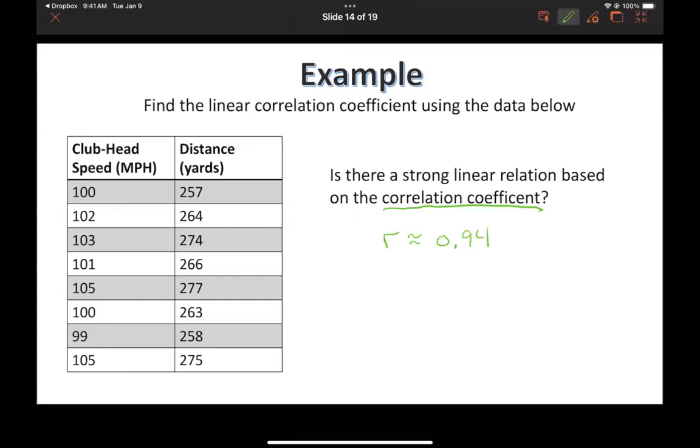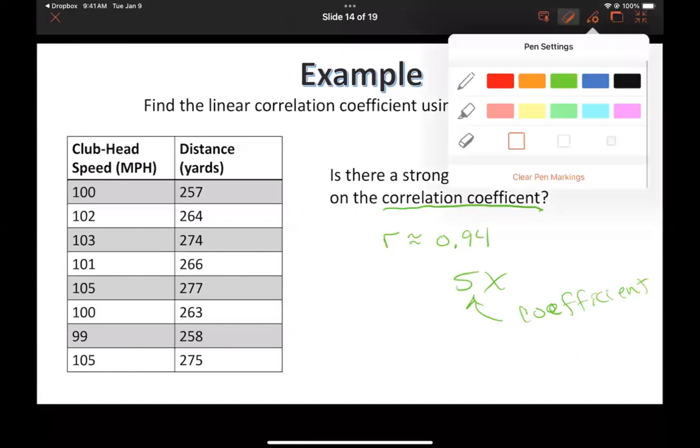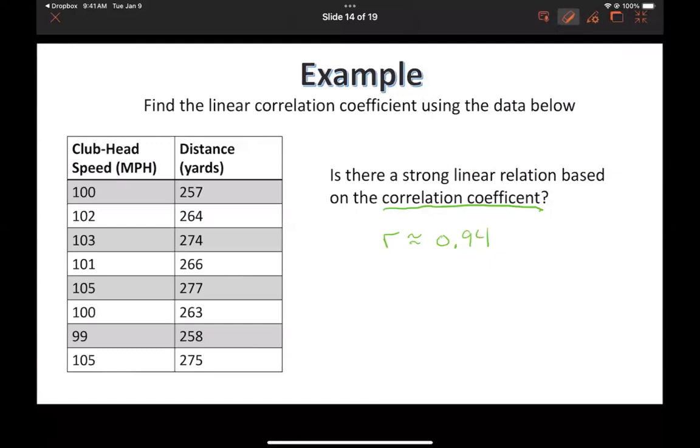What does coefficient mean? A coefficient is just like if I had 5x, that 5 in front of the x is a coefficient. I'm sure there's a better explanation, but it really has to do with it being a value that gets multiplied by a variable.